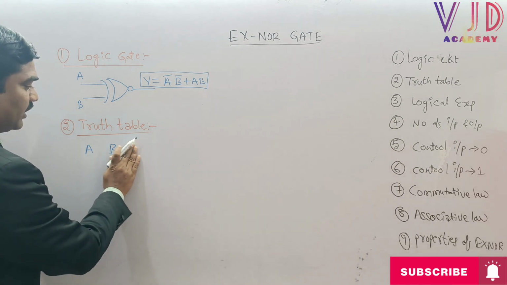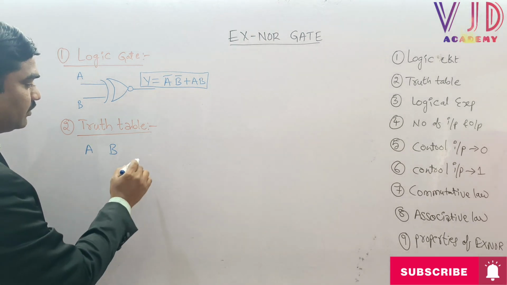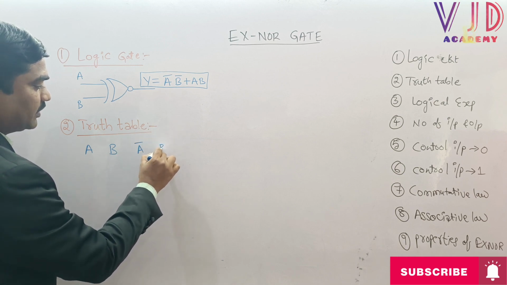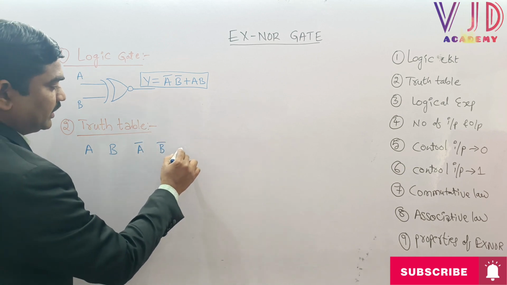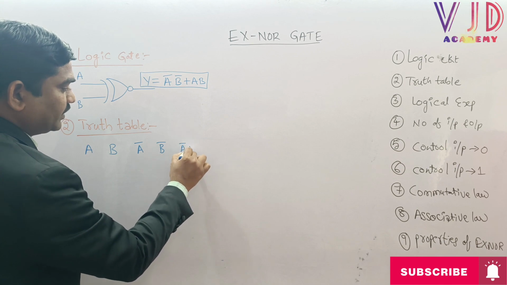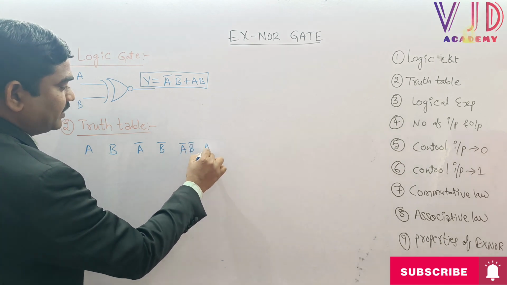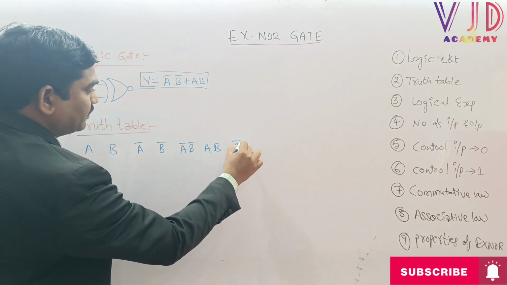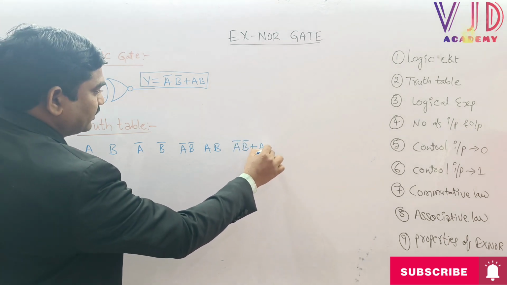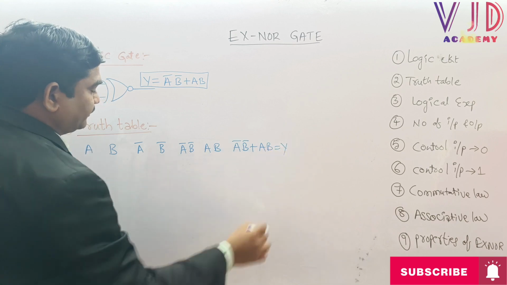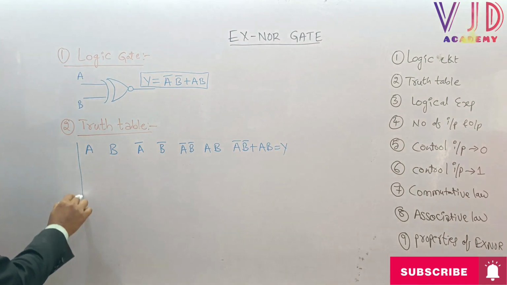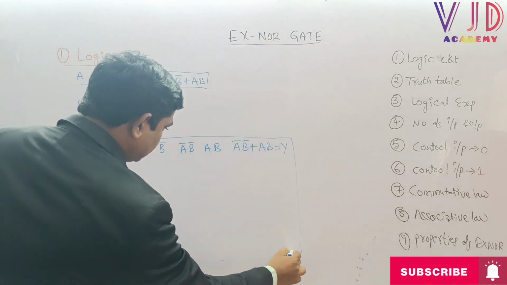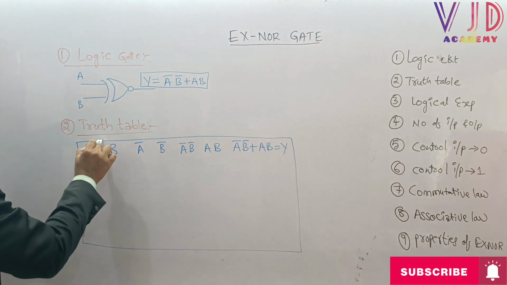Here first of all I will take A and B as the inputs, and now let me take A bar, and I will also take B bar, and I will take A bar into B bar and AB, and finally I will take A bar B bar plus AB, which is Y. Now let us try to understand all these things for the XNOR gate case.